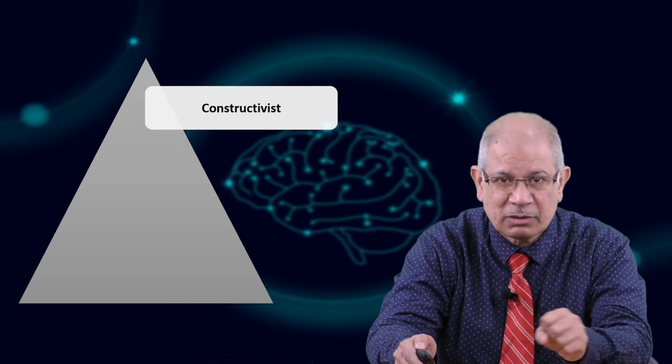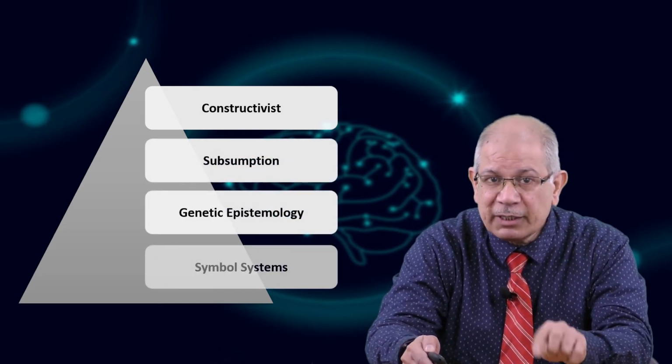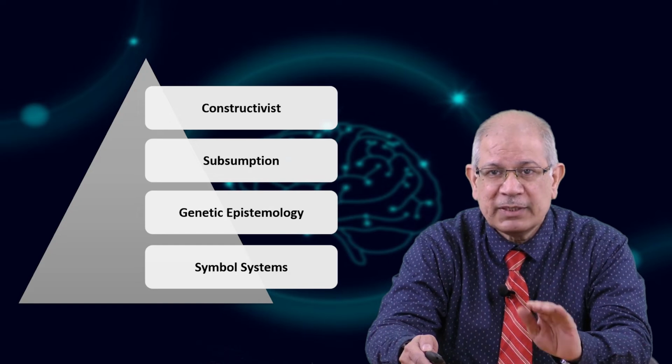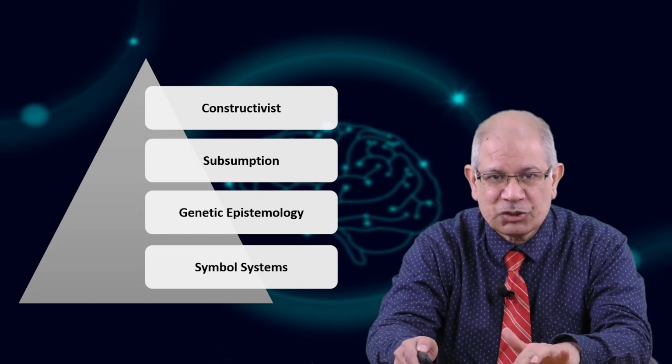Cognitive flexibility theory builds upon other constructivist theories, for example, constructivist subsumption and genetic epistemology, and it is related to the work on symbol systems in terms of media and learning instruction. So let us have a brief understanding of these.